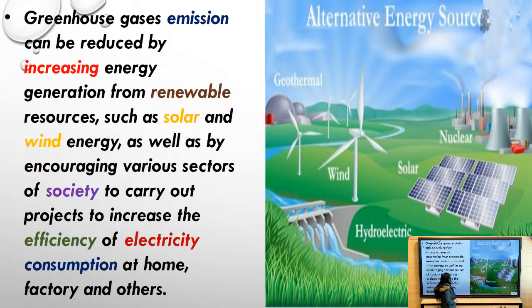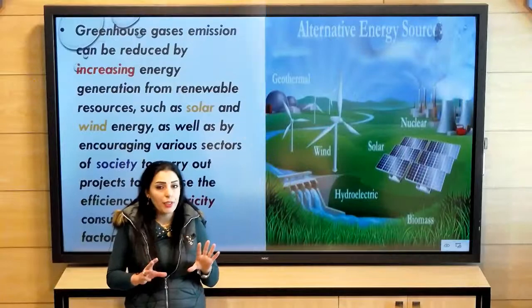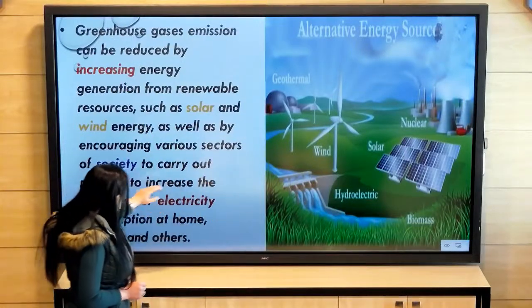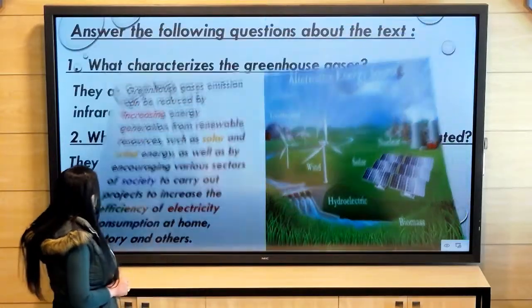So we have many ways here to reduce the emission of these greenhouse gases, and also by encouraging various sectors of society to carry out projects to increase the efficiency of electricity consumption. So we have to be fair when using electricity at home or any other place.